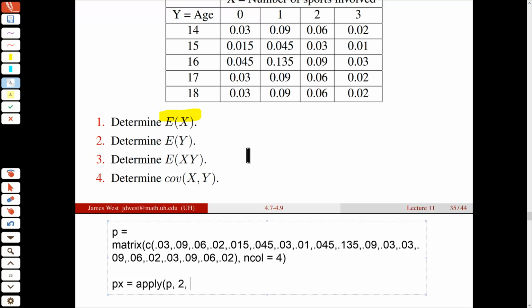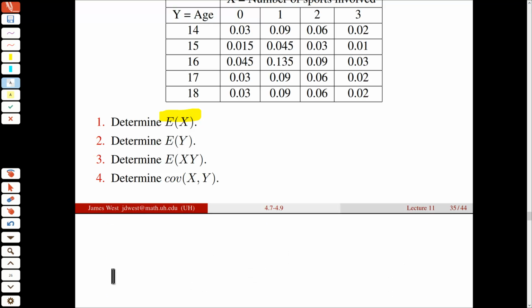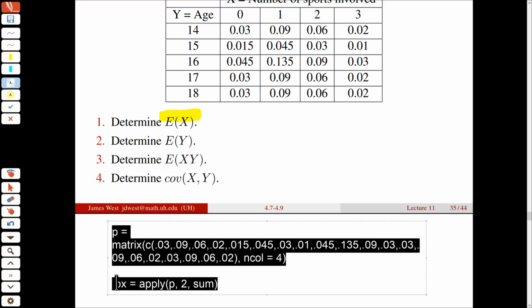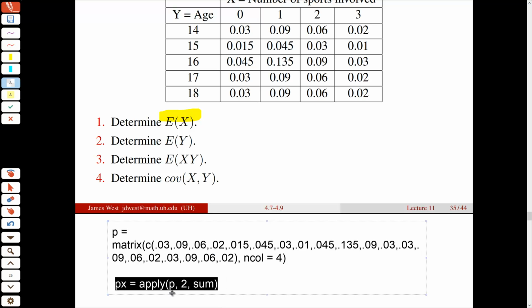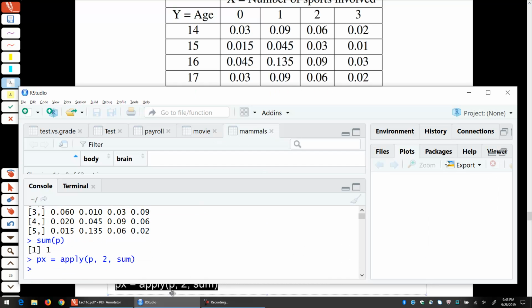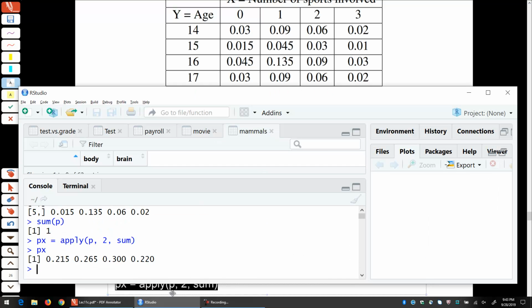And I want to apply sum. And what this will do is sum up the columns of the matrix. There we go. And I get my probabilities.